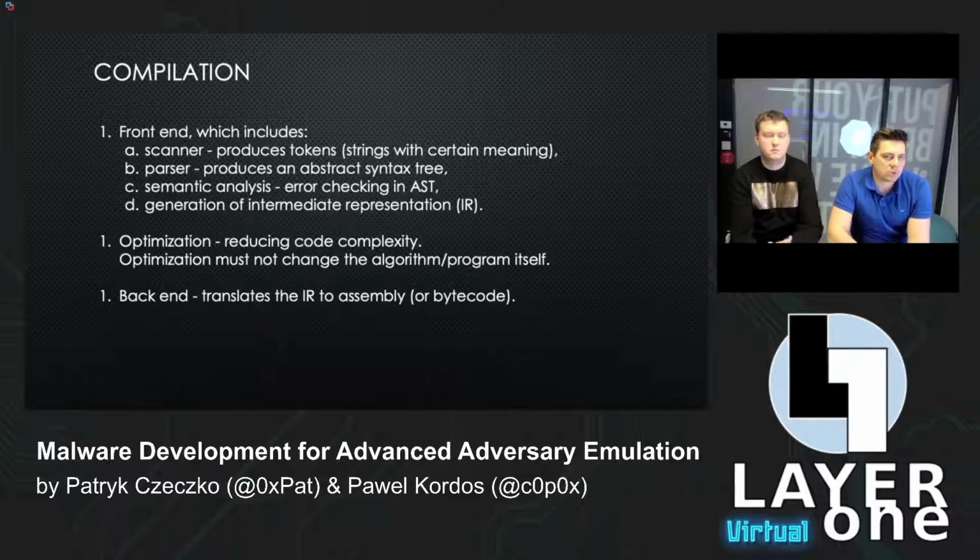First we have the front end, which processes the source code and creates the intermediate representation, and then the optimization takes place, which works on the intermediate representation level to reduce code complexity but not to change the application algorithm, and then the backend translates this modified IR code to assembly or some bytecode.